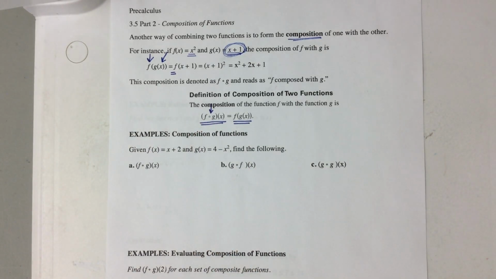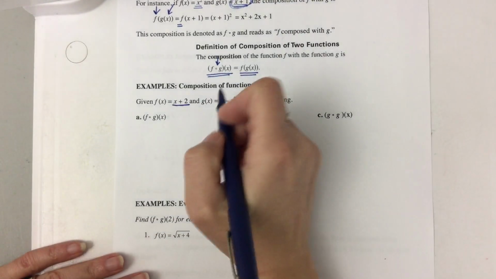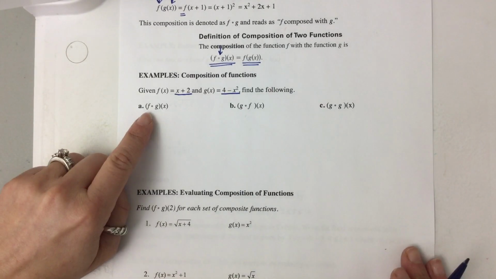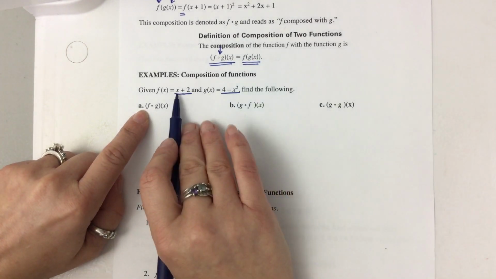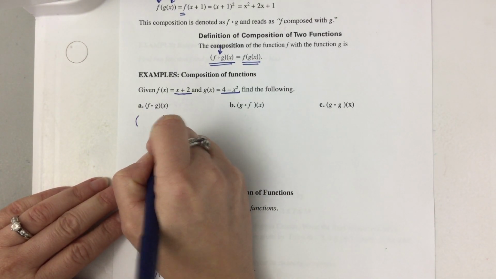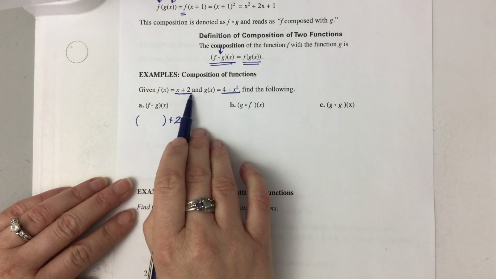Okay, let's go ahead and look at this. If f of x is x plus 2 and g of x is 4 minus x squared, if I want f composed with g, that means f is the skeleton. So where x is, I'm going to fill in something else plus 2. And that's what I mean by kind of like the skeleton.